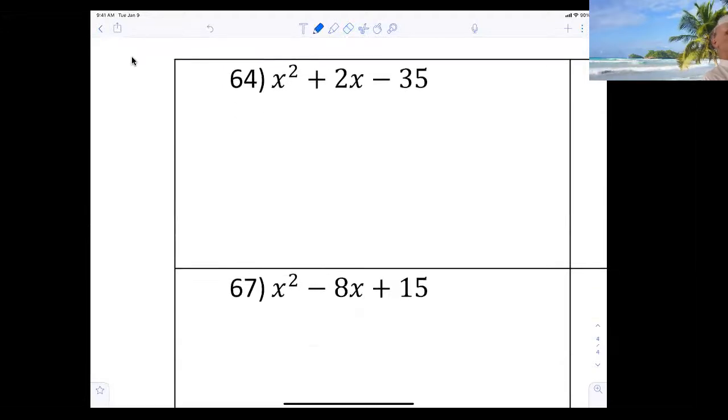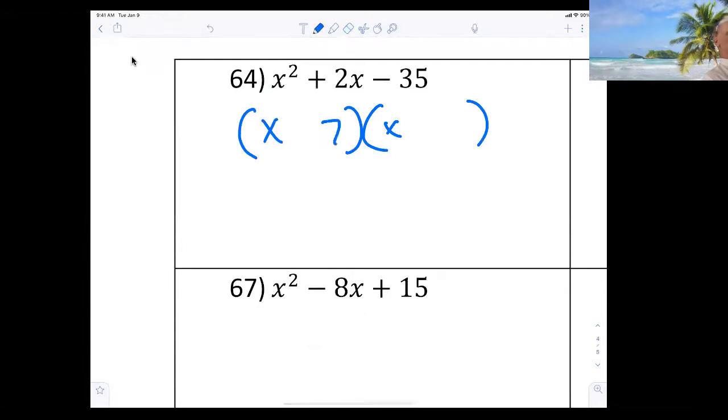So x and x. Then you do 75. Good. Values 7, negative 1. Good job. And again, I'm just asking you to speak up if you don't know. All right, next.